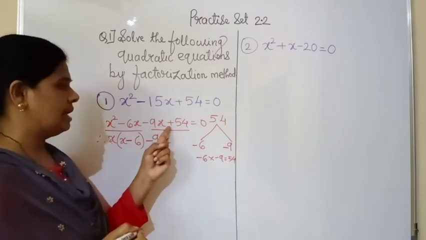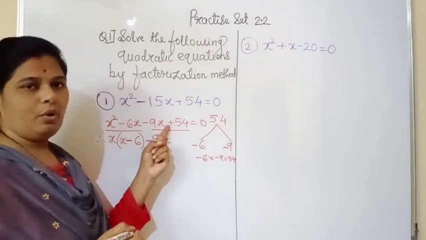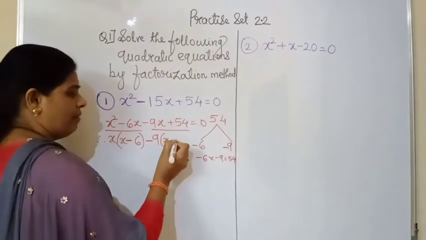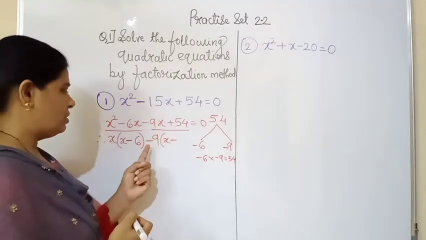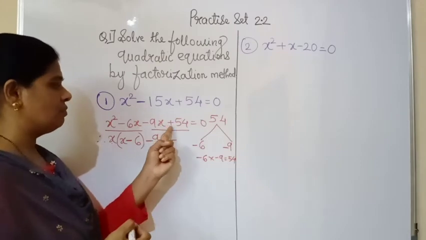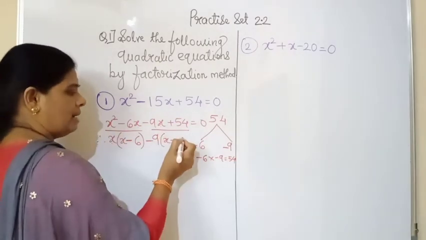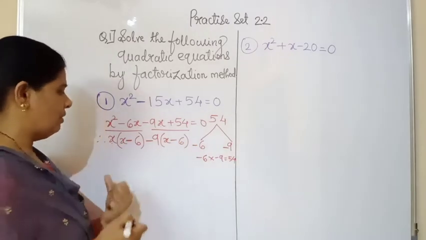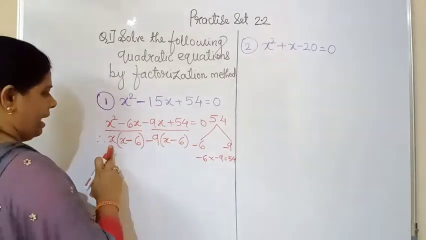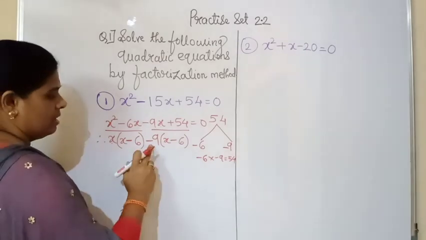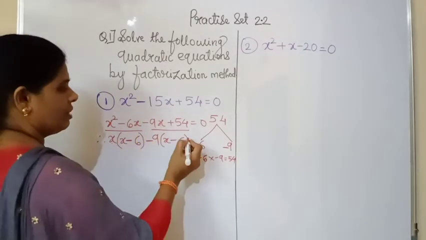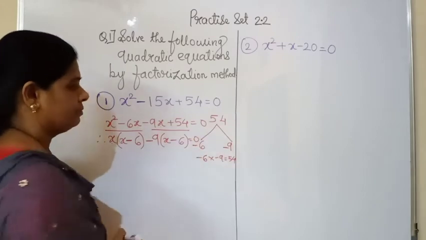Now here a plus sign is there, but outside the bracket there is a minus sign, so I will write minus here, because this minus and this minus will give you plus. And 9 how many times is 54? 6 times. Okay, so what will our factors be now? x in bracket x minus 6, minus 9 in bracket again x minus 6, equal to 0.